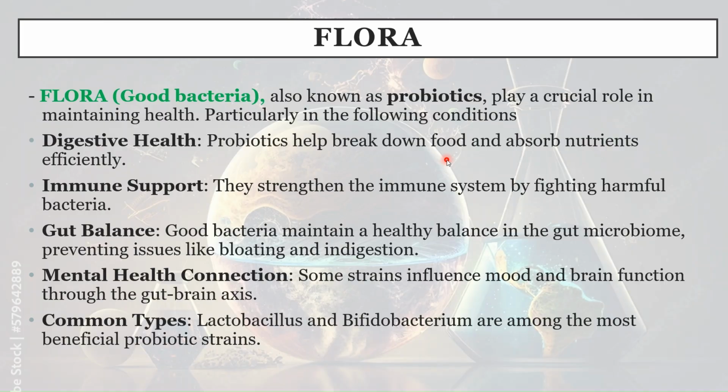So during this condition, what do you have to do? You have to take a large amount of probiotics. What is the general probiotic available in our home? Curd, buttermilk, dahi, all these things you have to take so that the bacterial level will be maintained. Good bacteria will be more and bad bacteria will be less, and you will come out of the diarrhea.